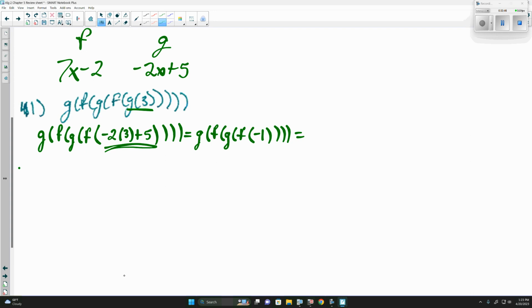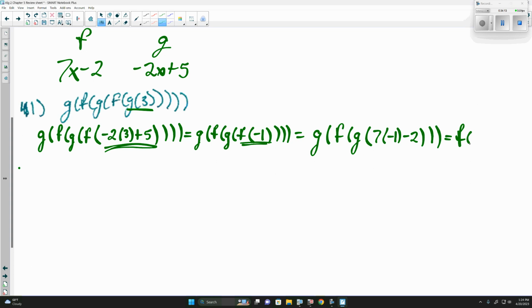Any questions on what we just did? Yep, now we plug negative 1 into f of x. So we have g of f of g, because we're evaluating f of negative 1. So we'd say 7 times negative 1 minus 2.